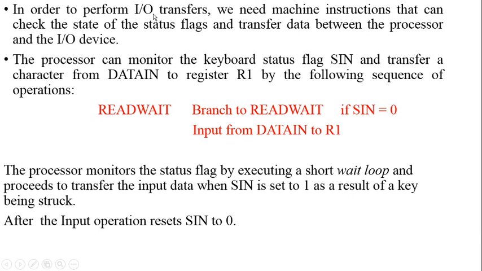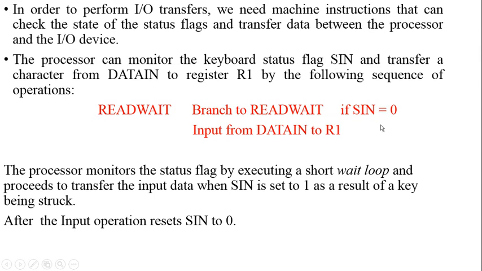So in order to perform input-output transfers, we need machine instructions that can check the state of the status flags and transfer data between the processor and the input-output devices. The processor can monitor the keyboard status flag SIN and transfer a character from data in to register R1 by the following sequence of operations.